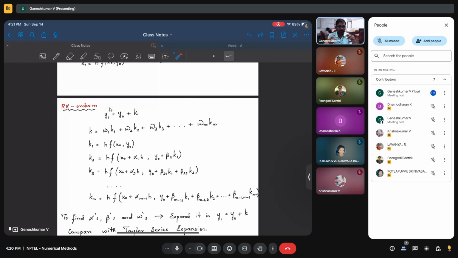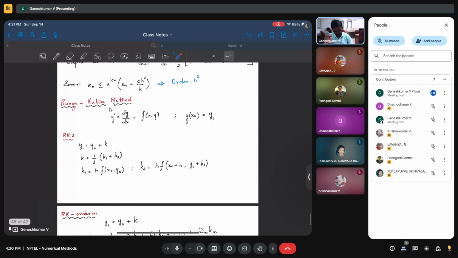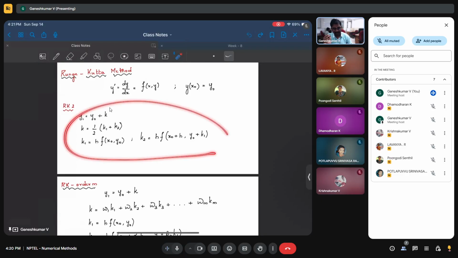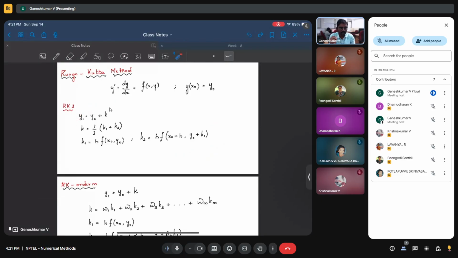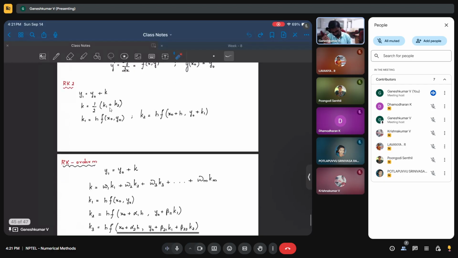Now you compare the coefficients of y dash and y double dash, and you end up getting this as your RK of order 2. So that is how you find k1 and k2. Once you find k1 and k2, you substitute in this k, where omega 1 is half and omega 2 is half, and then we get y1.